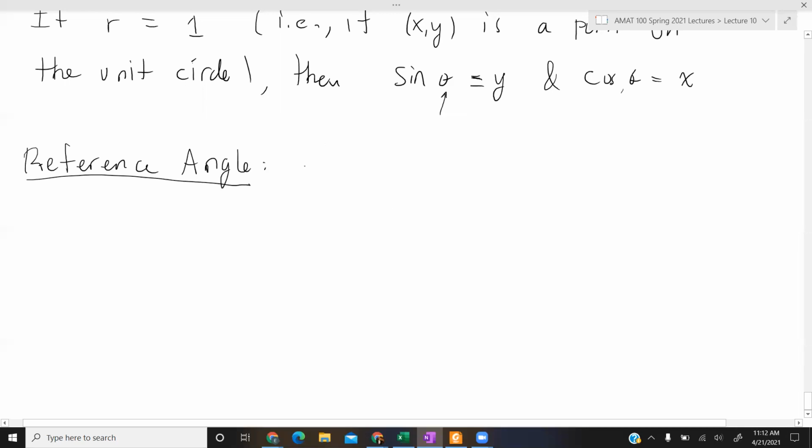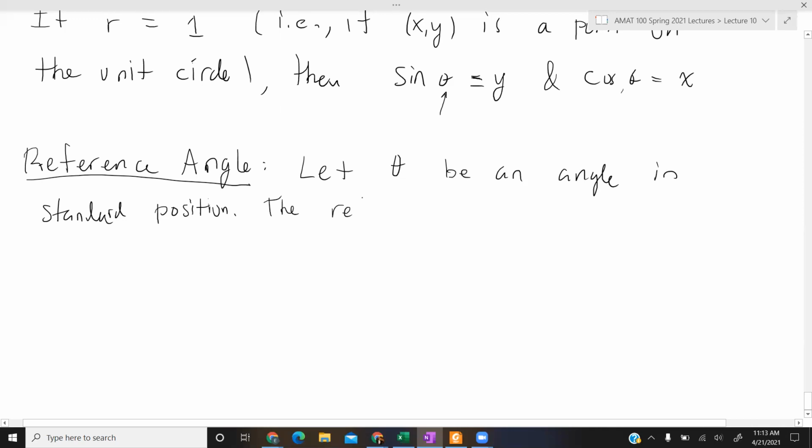So the idea is we start with some angle in standard position. Theta is some angle in standard position. And then you have the reference angle, which we denote as theta bar, that's associated to theta.